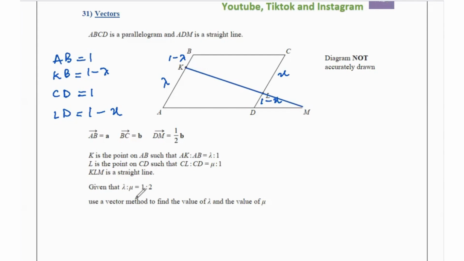Given that lambda is to mu is 1 is to 2, use the vector method to find the value of lambda and the value of mu. So if lambda is to mu is equal to 1 is to 2, that means mu equals twice of lambda.